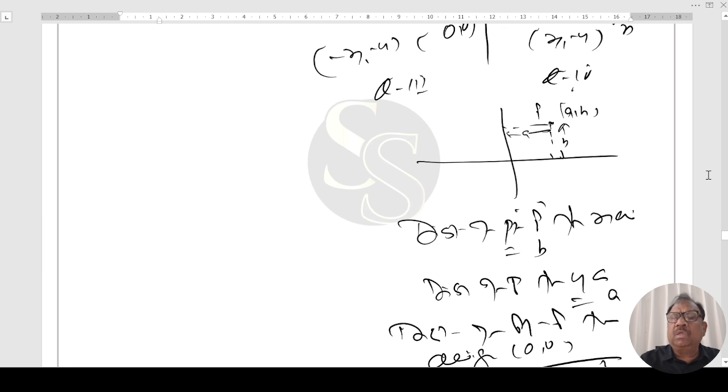This is the distance from the x-axis, y-axis, and origin.